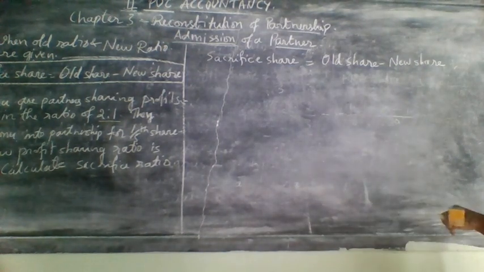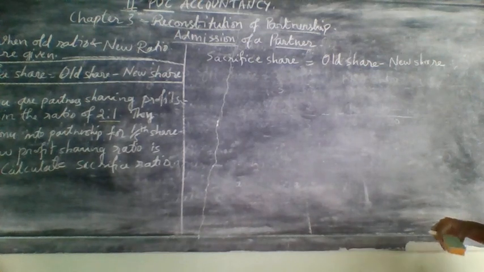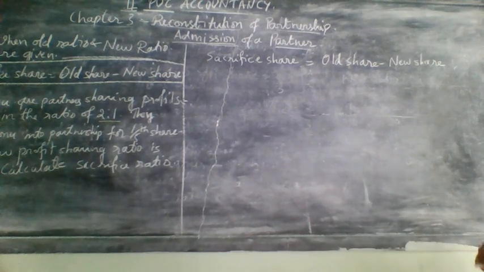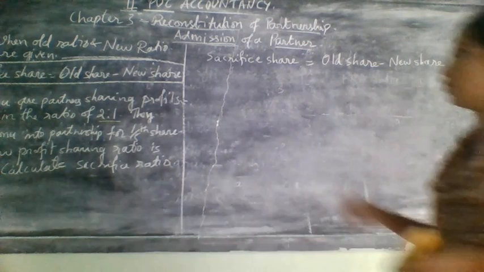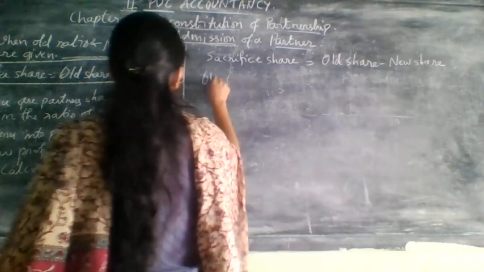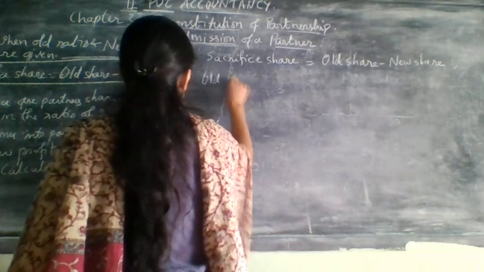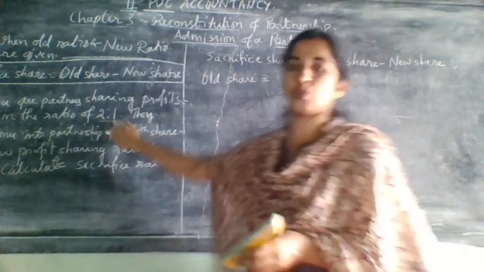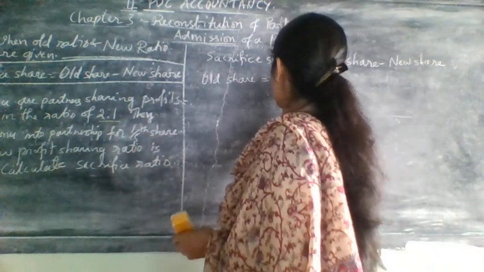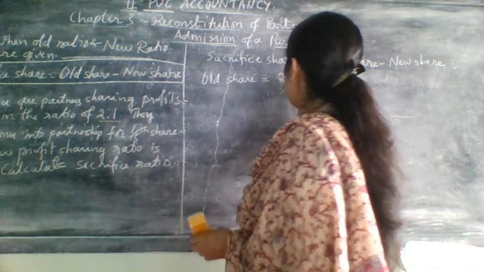What is the formula? Sacrifice share is equal to old share minus new share. Now we will write old share, that is given in the problem. First we will write the ratio, that is 2:1.